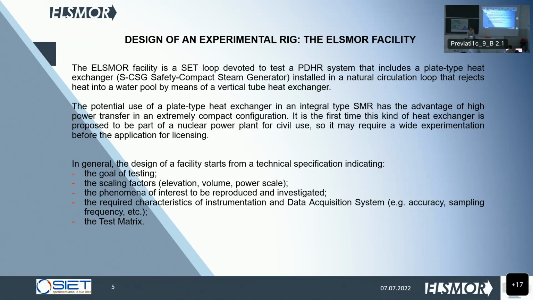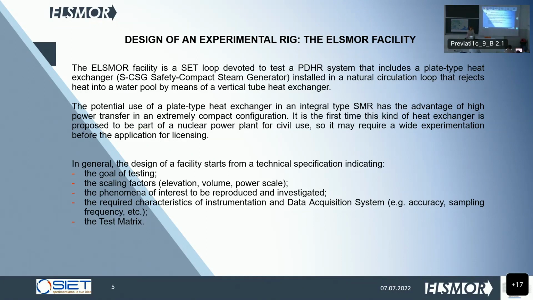So, in general, the design of the facility includes many steps. First point is a technical specification. When we design a facility, we need to have a technical specification that says what the goals of the testing are. We need to know what we are going to do.